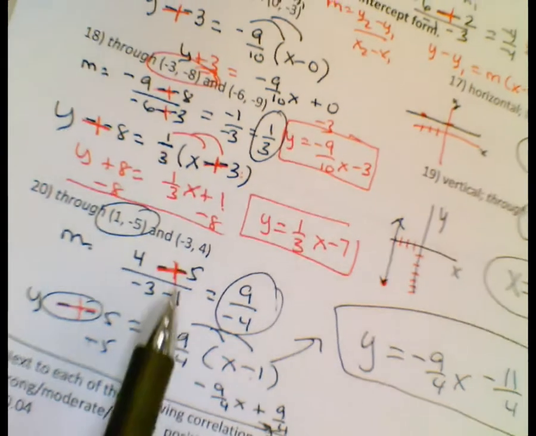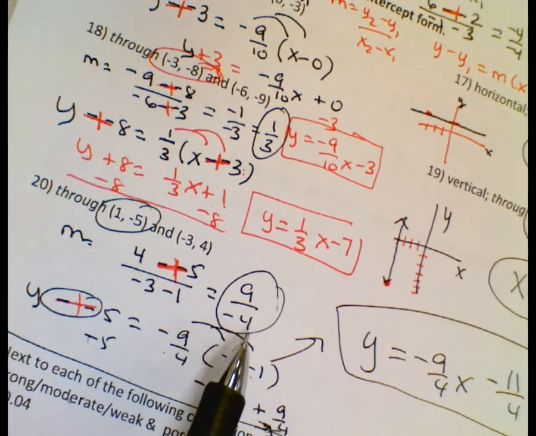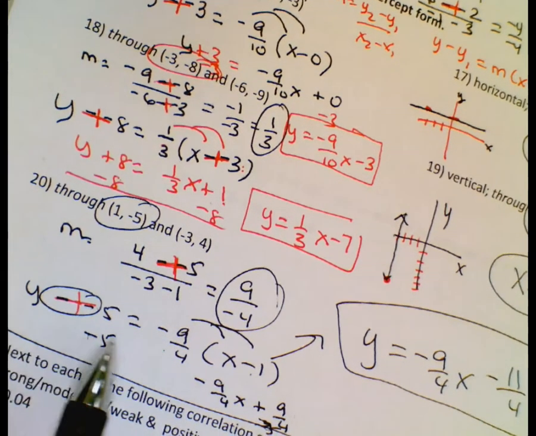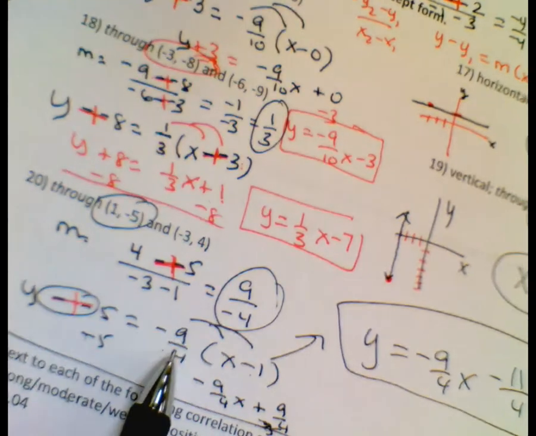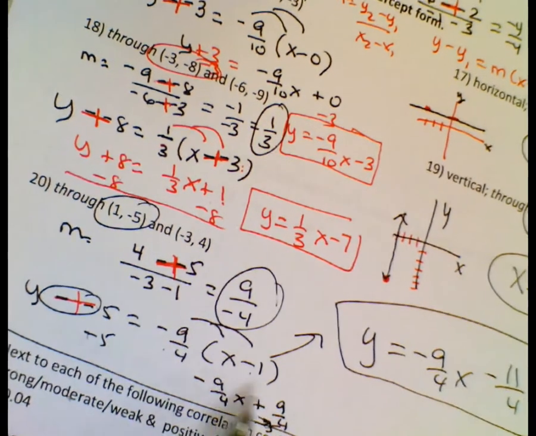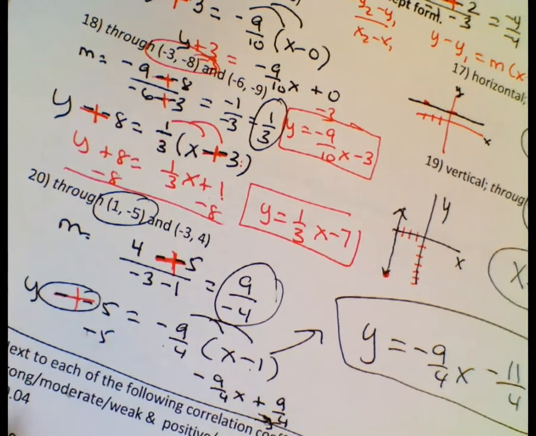So once again, find the slope, get negative 9/4, and plug it in. Y1, slope, x1, distribute, subtract 5 over.